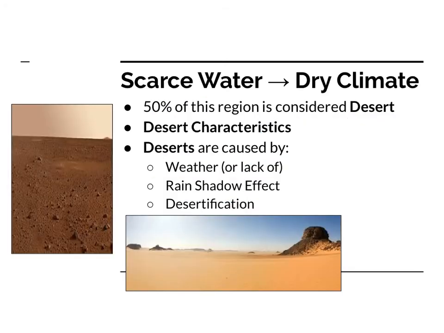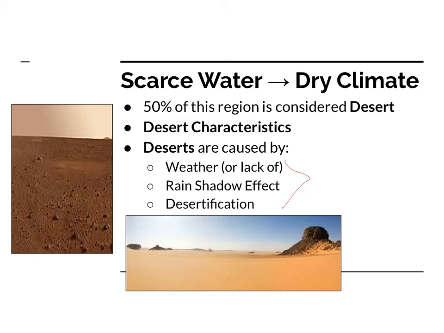And then finally, we've talked about how this is such a dry climate. These we already know because we talked about them in class. But 50% of this region is considered a desert.